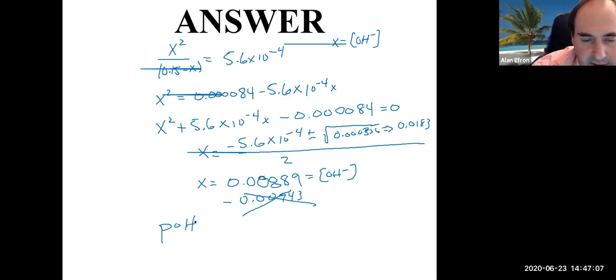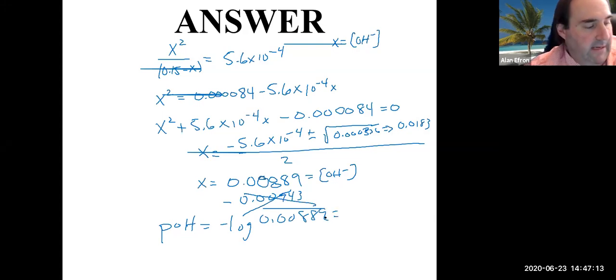So the pOH is the negative log of 0.00889. And if you do that, looks like 2.05 for our pOH.